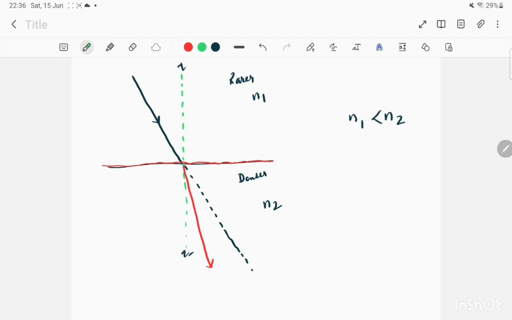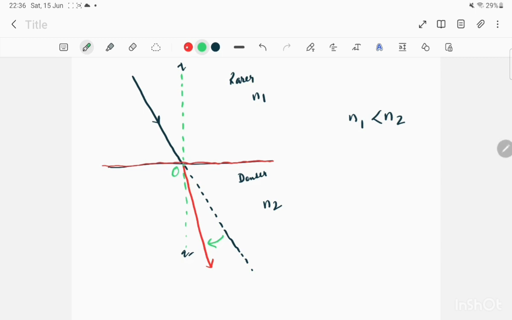That means it has shifted towards the normal. This happens when the ray of light is traveling from rarer to denser medium. It shifts towards the normal drawn at the point of incidence. So this is the point of incidence.